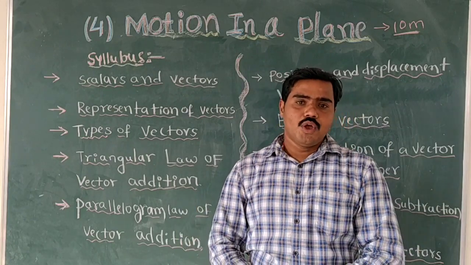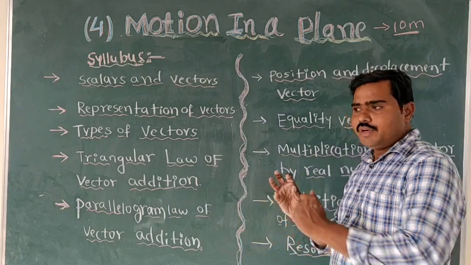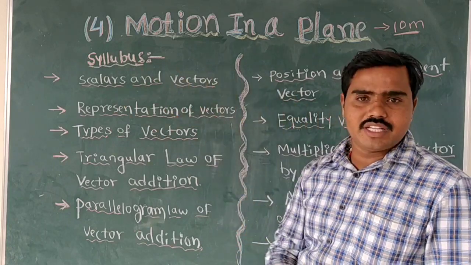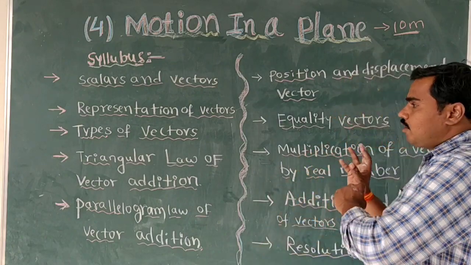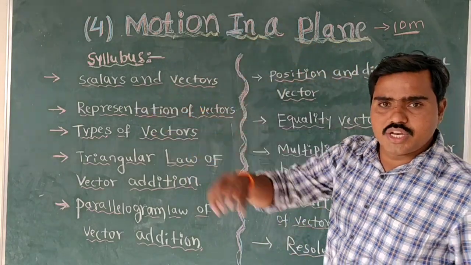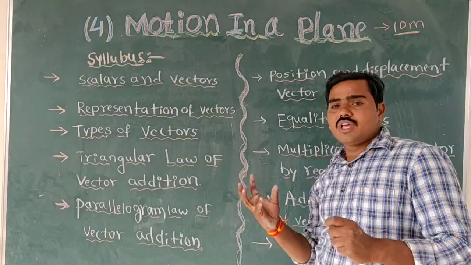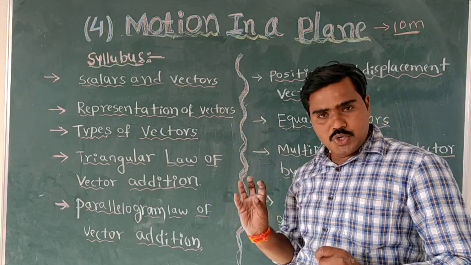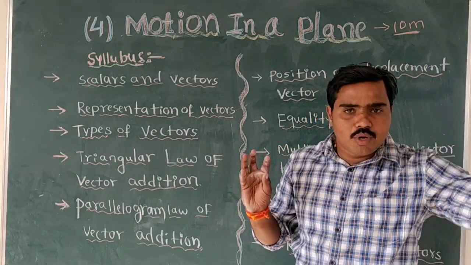For example, when you throw the shot put, that forms a projectile motion. When you throw the shot put, it moves in space in the form of a parabolic path.